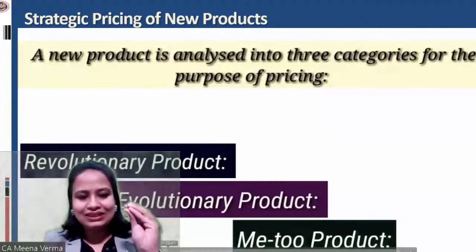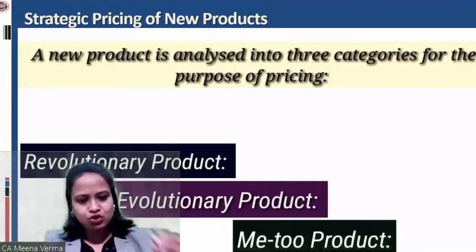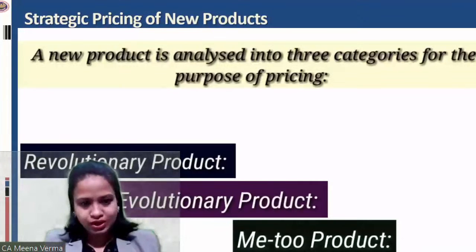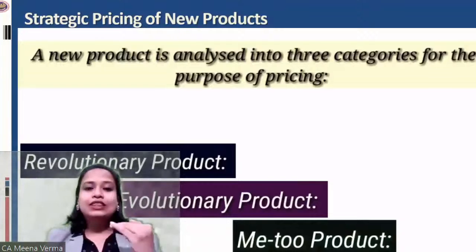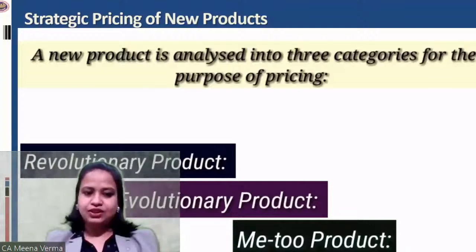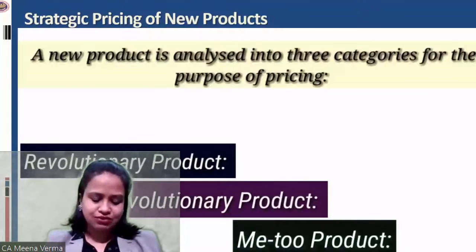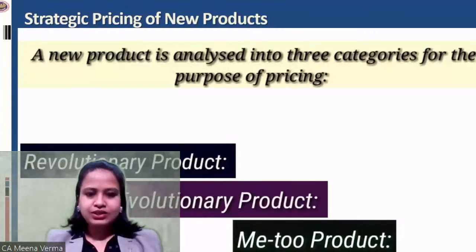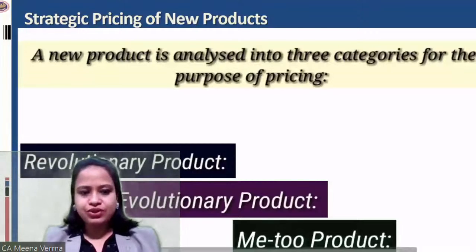There are different types of product: revolutionary, evolutionary, and me-too products, and the pricing strategy for these products is different. They are not the same.